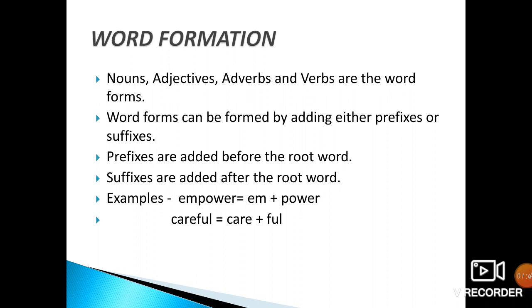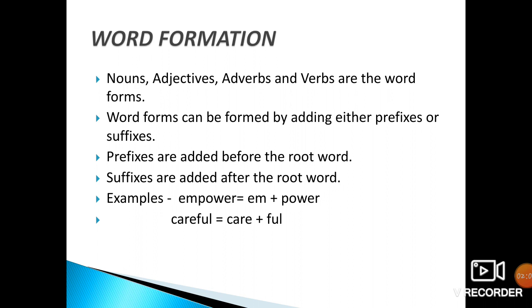Prefixes, you may say, pre means before, fix, attach. So, the prefixes are added before the root word. And what are suffixes? Suffixes are added after the root word.